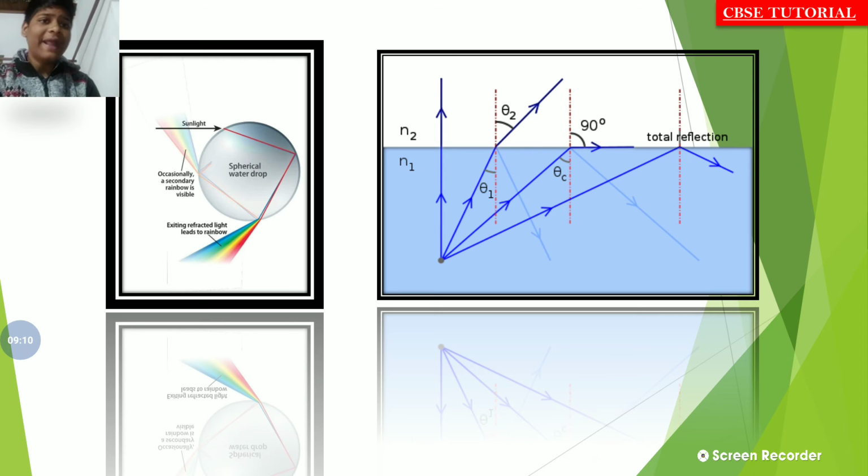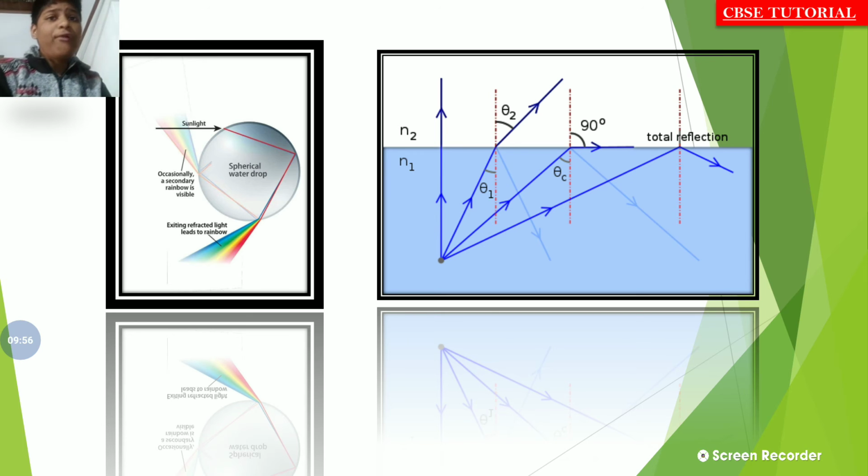I had done an activity which tells us that when a light ray was traveling from a denser medium to a rarer medium, in case 1 there is no refraction, then in case 2 it just refracted with an angle theta 2 for some incident angle theta 1, and in case 3 a new thing happens: it moves along the divider line which was dividing medium 1 and medium 2, making a right angle with the normal, and that specific incident angle is called the critical angle.